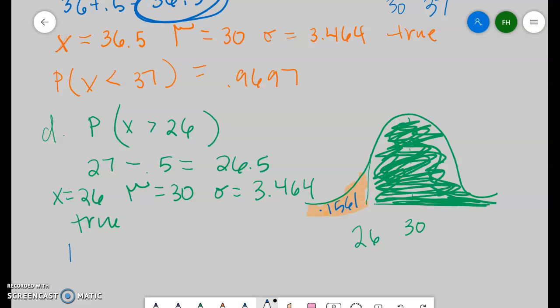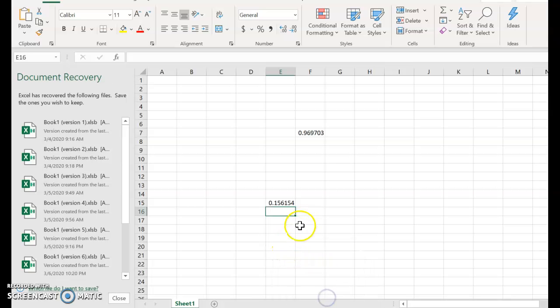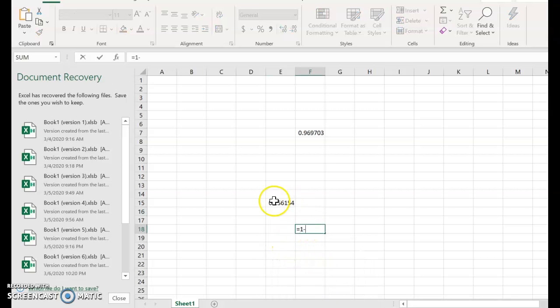So we will have to take 1 and subtract 0.1561. I don't have my calculator, so I'm just going to use Excel and say 1 minus this.